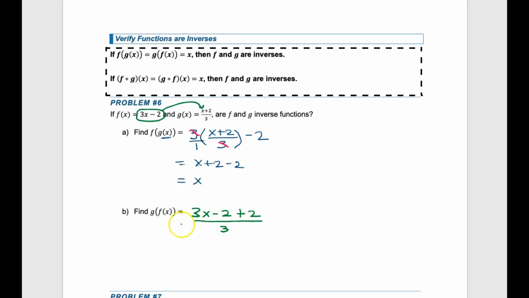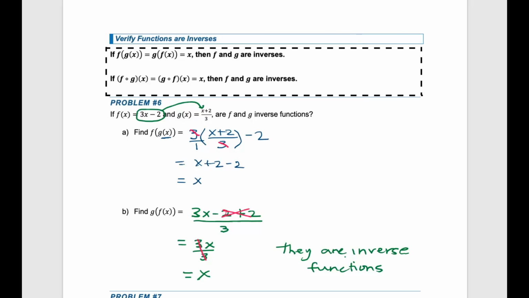Now when we simplify, negative 2 plus 2 zeroes out, and that leaves us with 3x over 3. Those divide out as well, 3 divided by 3 is 1, and so I am left with just a 1x or an x. Since both of these equaled x, then we know for sure they are inverse functions.